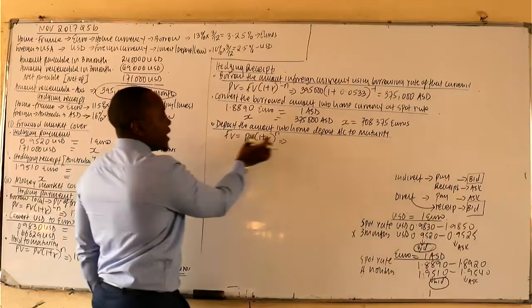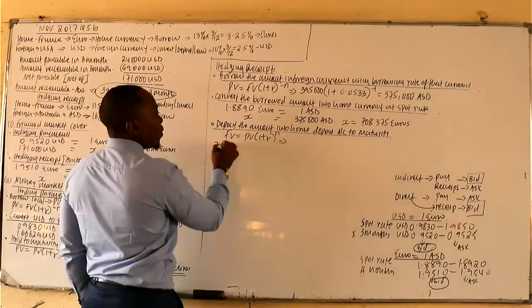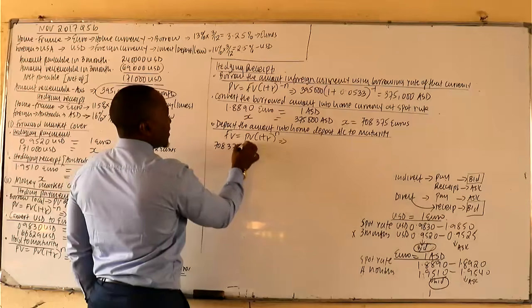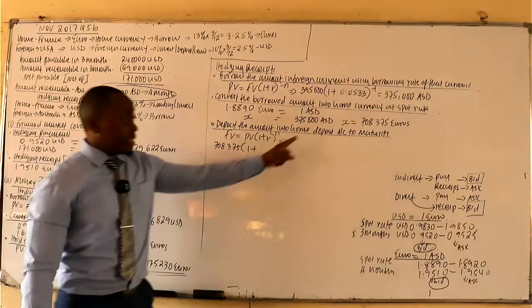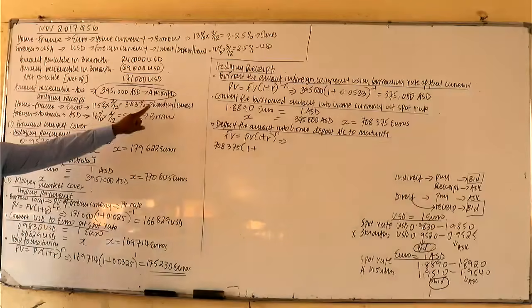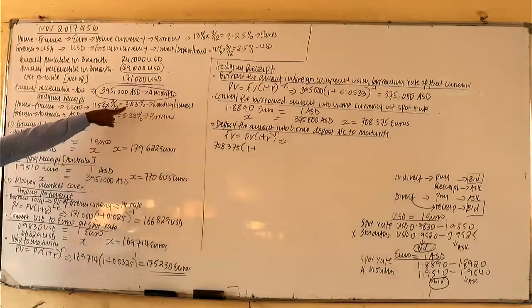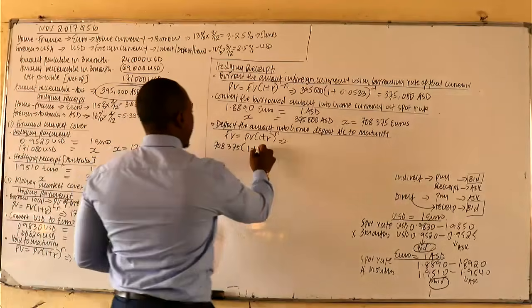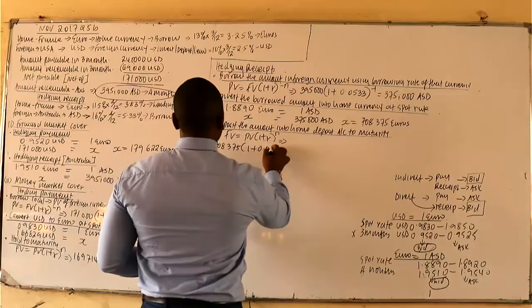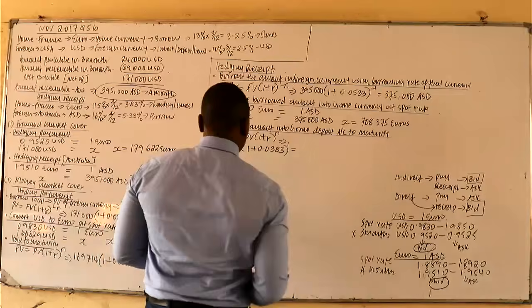The present value, this is what we're depositing now, is 708,375, times 1 plus the deposit rate of the investment. The investment rate is 3.83%, so you add 0.0383, raised to power 1.